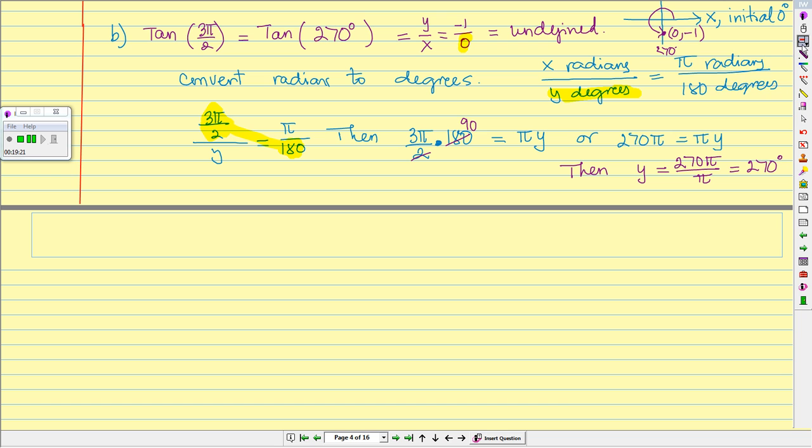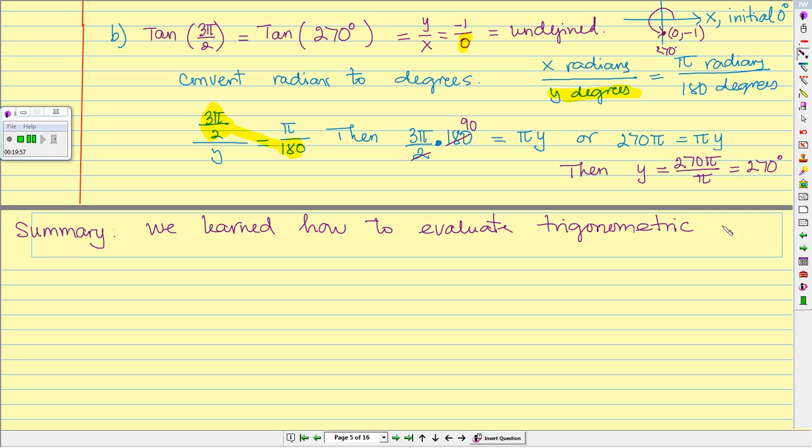So the summary: in this video, we learned how to evaluate trigonometric functions given a point located on the terminal side.